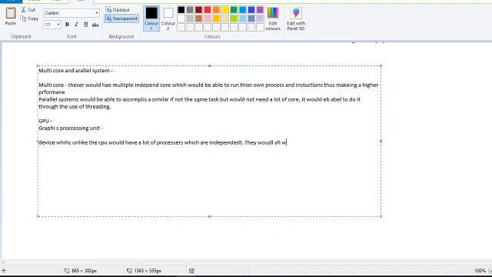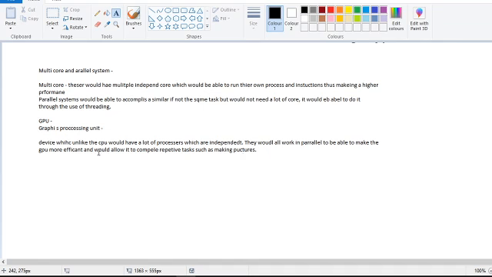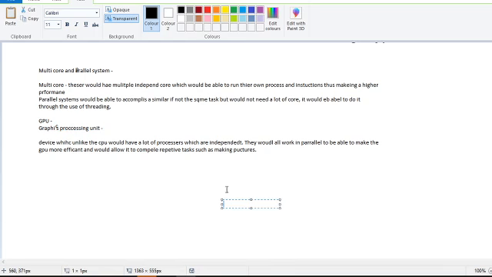They would all work in parallel to make the GPU more efficient, and would allow it to complete repetitive tasks such as making pictures. So that is basically it: multi-core systems and parallel systems, and the GPU is what is used to process graphics. Simple.